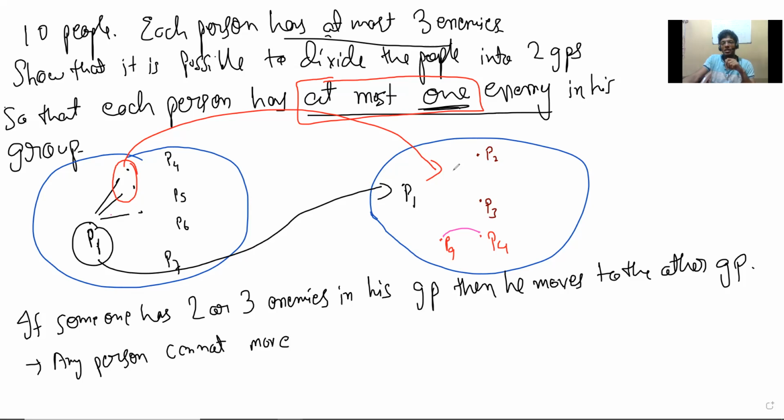Because what could happen is that these two people who have moved here, could they not move back at some point? No. But we have to explain why that cannot happen. Is it clear that that cannot happen?